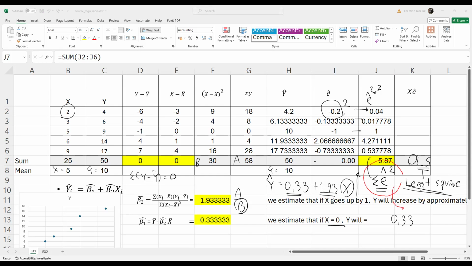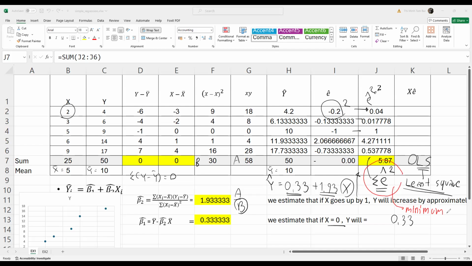So least squares means they have the least squared error. They claim their method can produce this at the least value, the minimum. That's why they call it least squares.